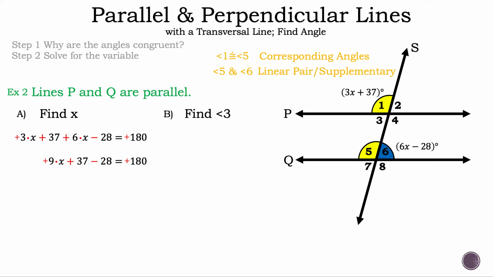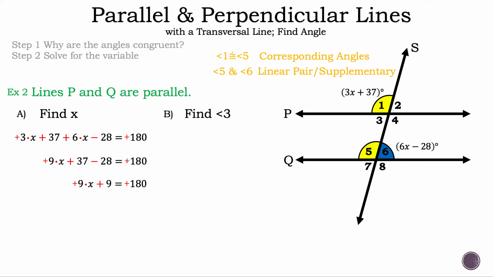Now we have positive 9x plus 37 minus 28 is equal to positive 180. Let's continue to simplify by combining like terms, 37 minus 28, and the result is positive 9. Now we have positive 9x plus 9 is equal to positive 180.